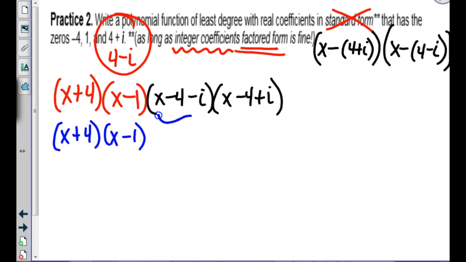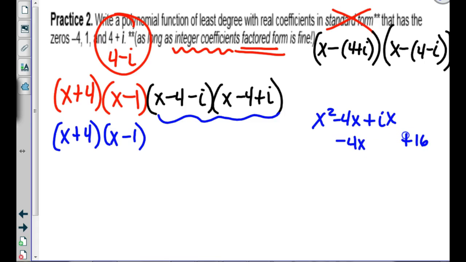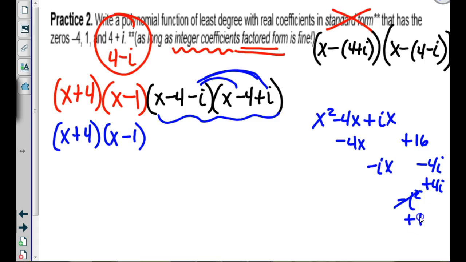When we start FOILing all this together, what's minus i squared, guys? Positive 1. So I got x squared minus 8x plus 17 because these canceled and these canceled. Did anyone get that?